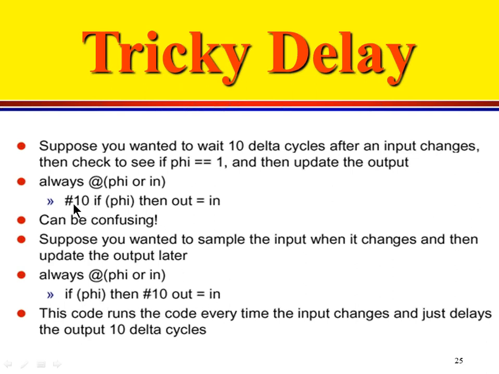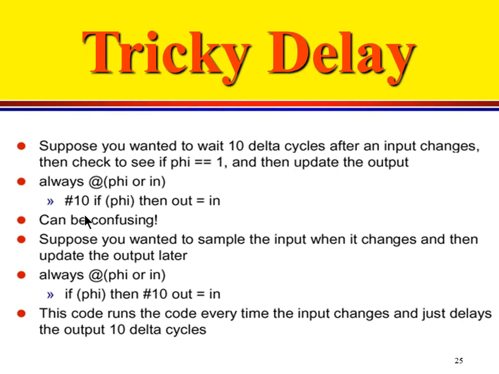In the first case, you wait 10, then check for phi, which will consume 0 time, then out equals in. Out equals in after 10 because phi is updating in 0 time. Both cases, out gets in after 10 nanoseconds, because we said that is the time unit.